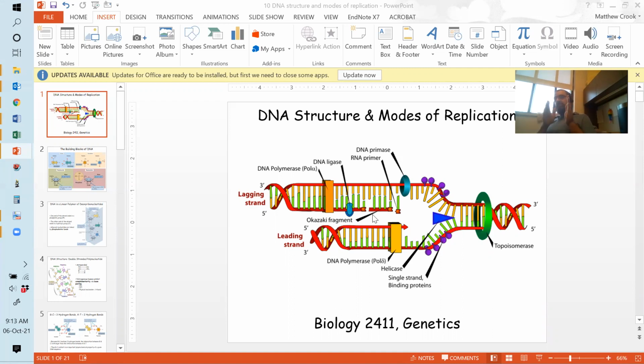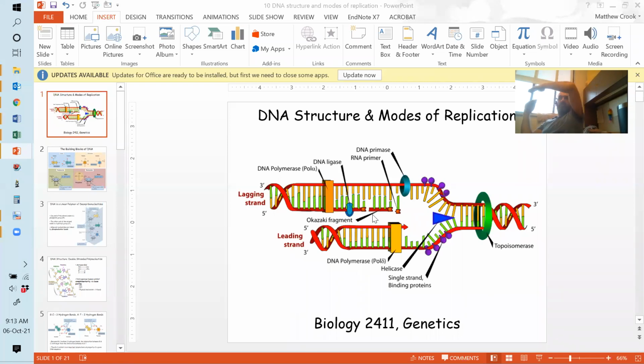And what happens is if you stop DNA replication after a small amount of time, you'll have one large piece of newly synthesized DNA, that's the leading strand, and lots of small bits called the Okazaki fragments. Now, if you stop it a little bit later, you still have the large leading strand, but now you have larger fragments.